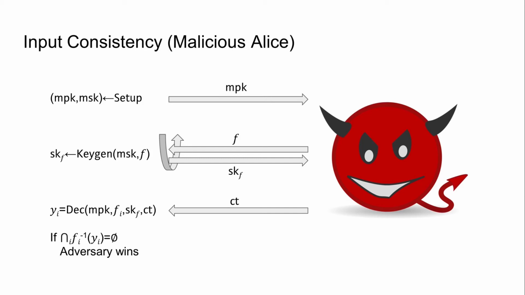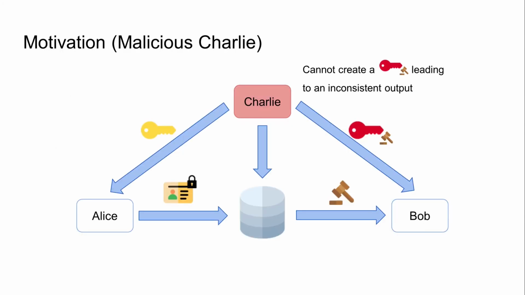Additionally, we have to consider the case where the ciphertext is not decryptable at all. In this case, a consistency attack only happens if the decryption procedures disagree on the fact that the ciphertext is decryptable. In other words, consistency is only broken if some of the decryption procedures yield a valid output and some don't.